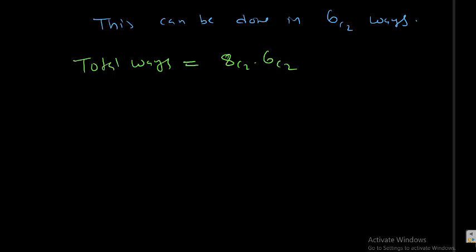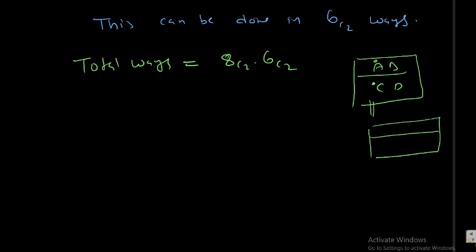From this take one arrangement. I will show you one of the arrangements. Here AB, here CD. These 2 are gents, these 2 are ladies. So AB is one team and CD is another team. By using this I can make one more arrangement. Here A only, C only, but they can change their places.